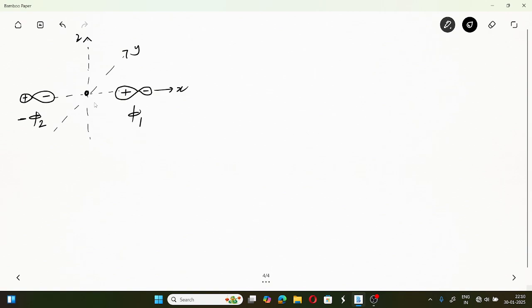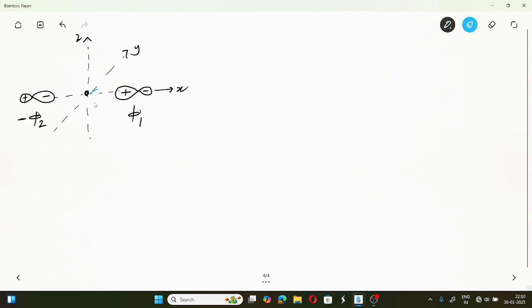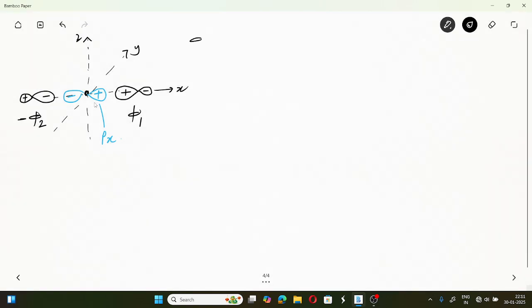So this group orbital, if you look carefully, it has matching symmetry with which orbital? It has matching symmetry with px, isn't it? So we can write like this: phi of px will be n of px into phi 1 minus phi 2.